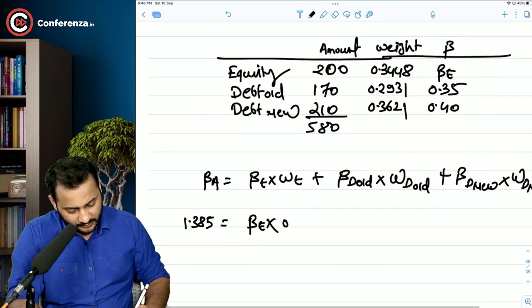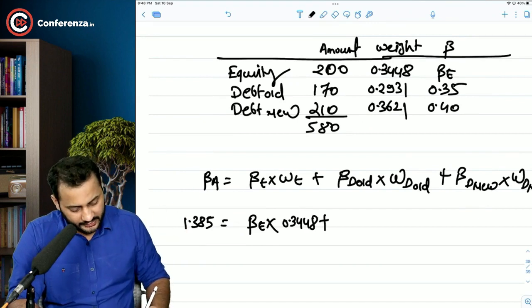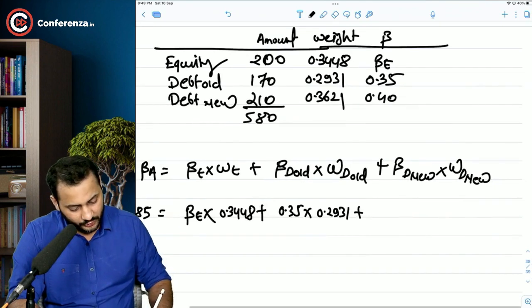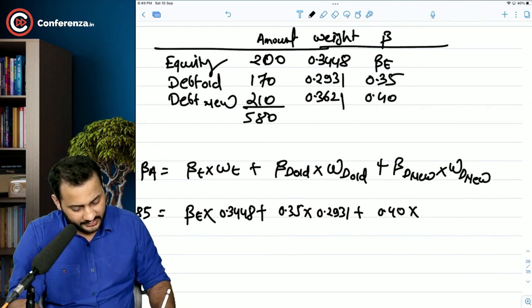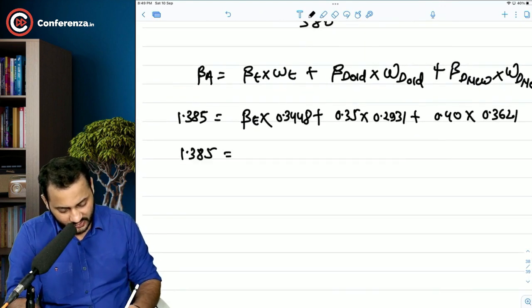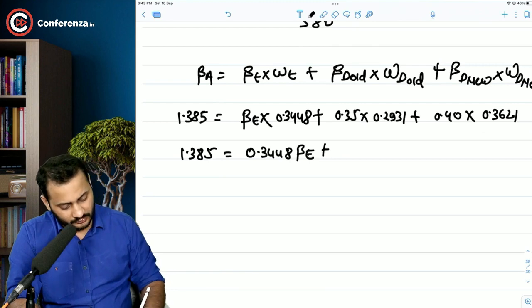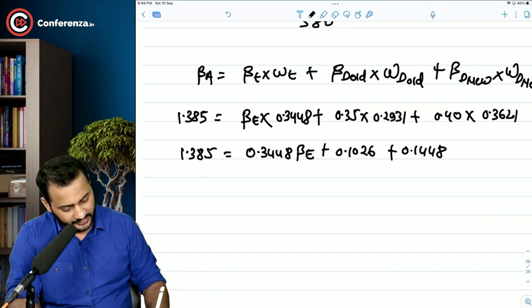The weight of equity is 0.3448 plus what is the debt beta? Old beta is 0.35, old weight is 0.2931, plus new debt beta is 0.40, new debt weight is 0.3621. Let's find out the answer. 1.385 equals 0.3448 equity beta plus 0.1026 plus 0.1448.